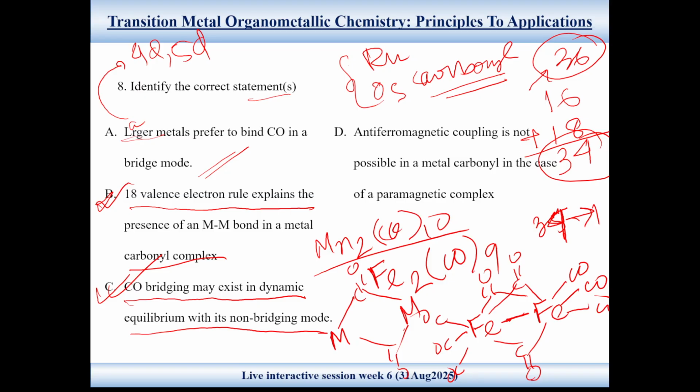Another option says that antiferromagnetic coupling is not possible in a metal carbonyl in the case of a paramagnetic complex. Is it possible?